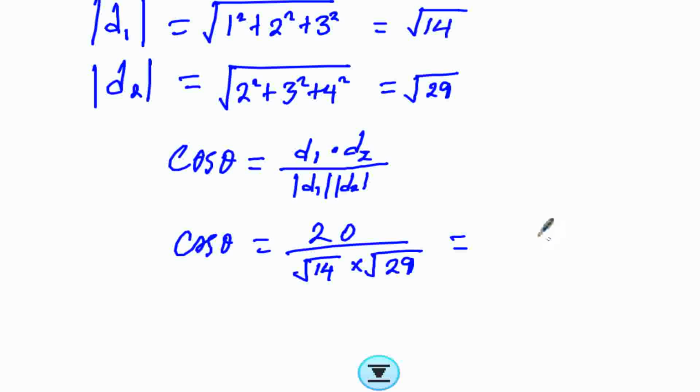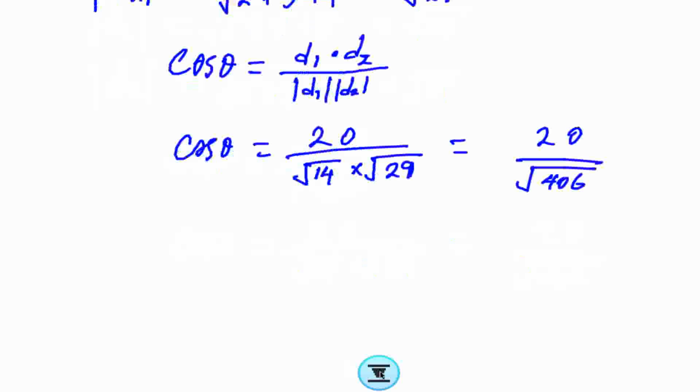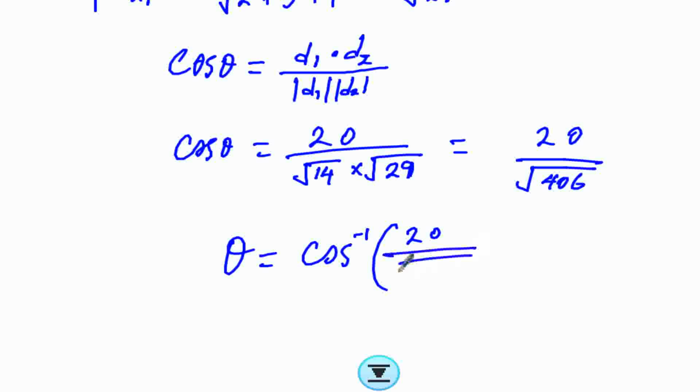We can multiply 14 and 29 and get 406. So it is the square root of 406. To find theta, it will be the cos inverse of 20 over the square root of 406. And for this, we can use a calculator and get the answer.